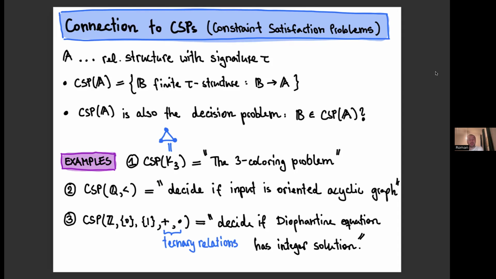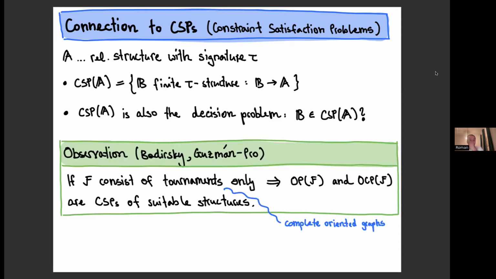With this template, we can encode whether Diophantine equations have integer solutions, and this is famously undecidable. So CSPs cover a whole array of decision problems. Okay.